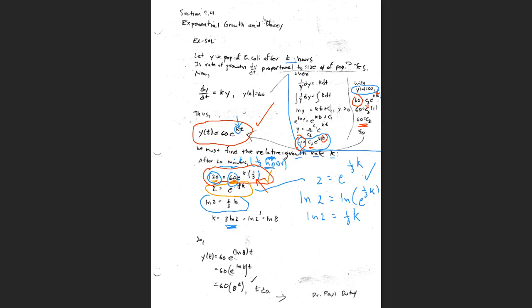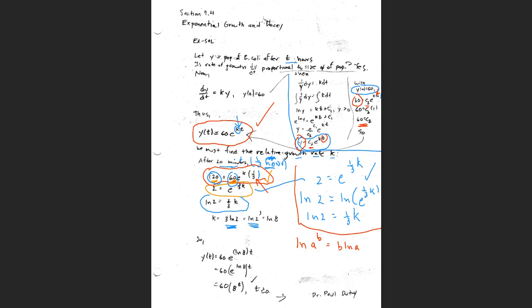But we want to write 3 times the log of 2 as the log of 2 to the 3rd power. Now, why is that true? Well, remember from your algebra days, the log of a to the bth power equals b times the log of a.